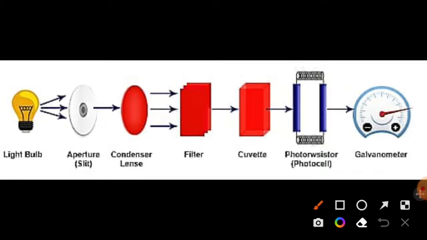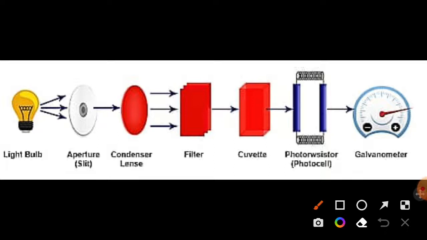So what is a colorimeter? If we break the word colorimeter, here we are measuring the color, right? It is nothing but our spectroscopy itself, but the addition is that here we are only measuring substances that have color, and those that don't have any color we are coloring with the help of a particular reagent.